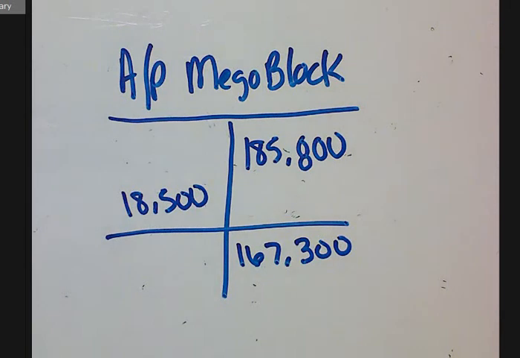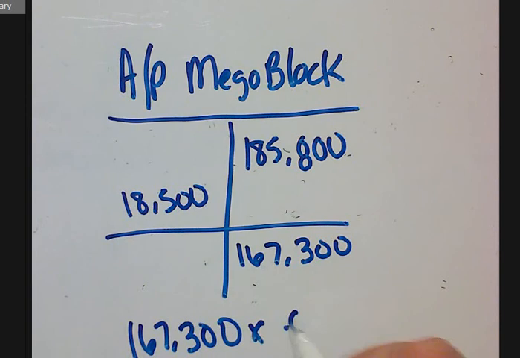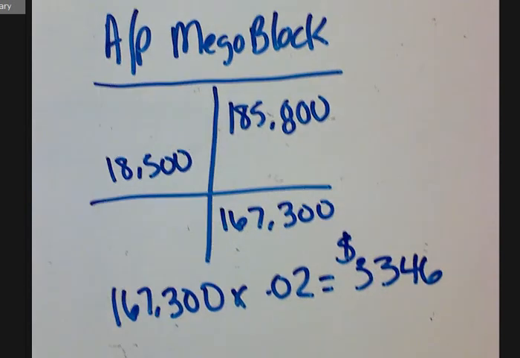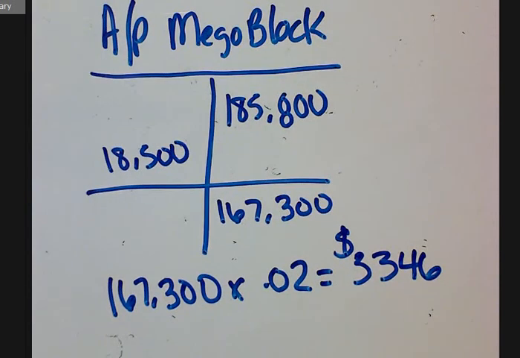But they're paying within 7 days, so they're entitled to the cash discount, and the cash discount is going to be 2%. So $167,300 times 2% gives us a cash discount of $3,346. So that's how much our discount is going to be.